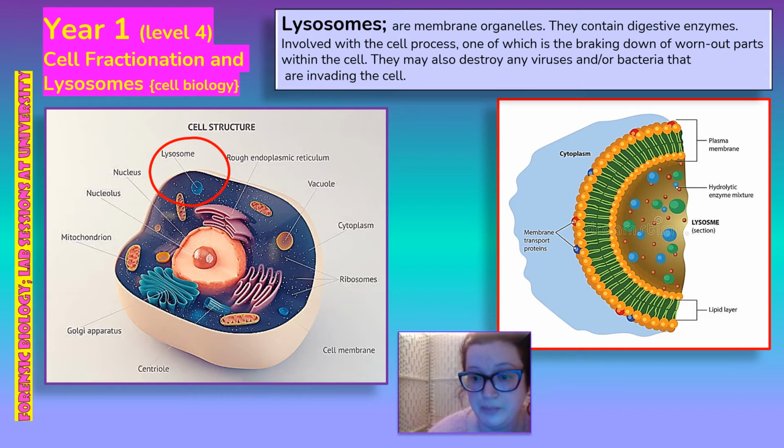Then you've got membrane transport proteins. These are the proteins that help take a substance in and out of the cell. So for example, say we've got a sellotape here, and this is a substance going through a cell wall. It's attached to the protein, and then it can pass through the cell wall. It couldn't pass on its own, but through this attachment it can pass.